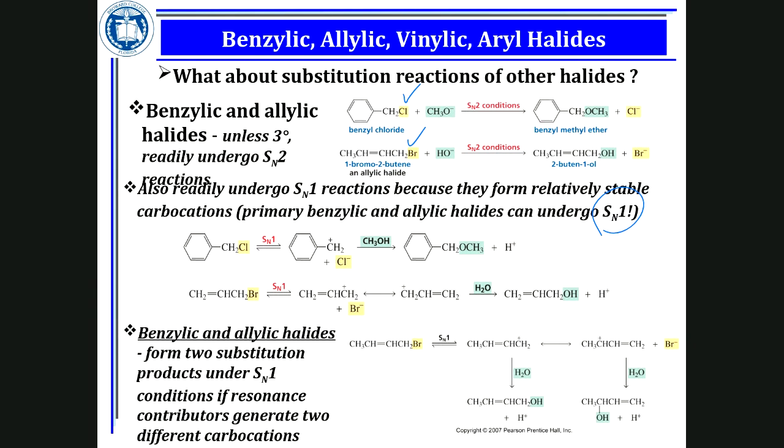If you have a secondary, it's going to be a different situation. So if you have allylic carbocation, what is allylic carbocation or allylic alkyl halide?